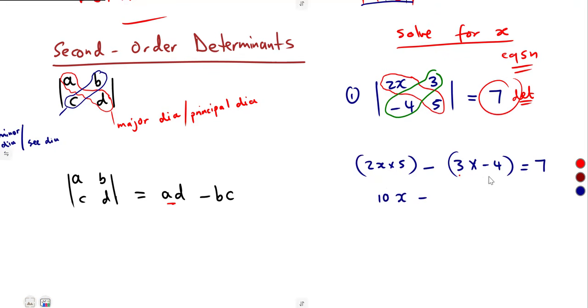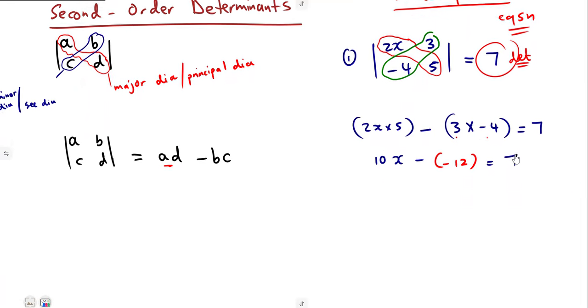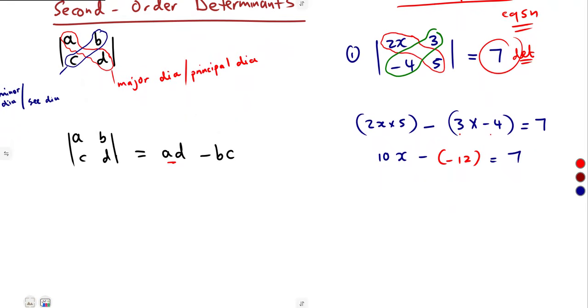If I multiply 3 and negative 4, that's negative what? 12. Okay, and that's equal to 7. So as we can see, negative and negative here is going to give us a positive. So it's going to be 10x plus 12, which is equal to 7.